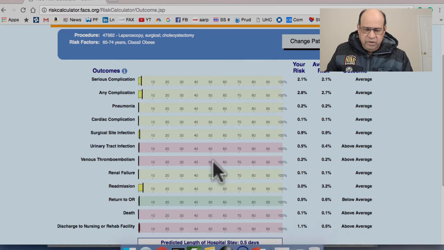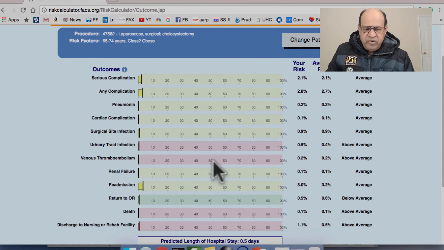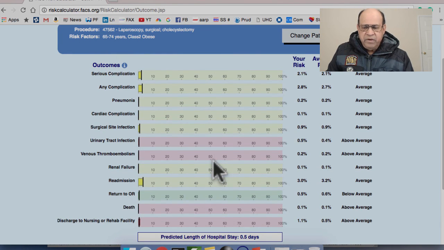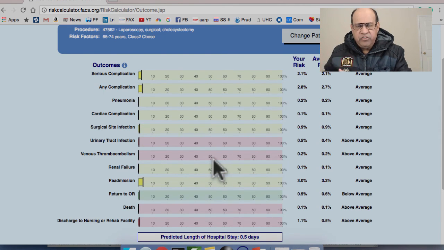There you go. So this is pretty good in assessing the risk of a patient who is going for low-risk surgery versus intermediate or high-risk surgery. So by using this, you can calculate, is the patient at low risk of having perioperative complications or mortality, or at high risk.